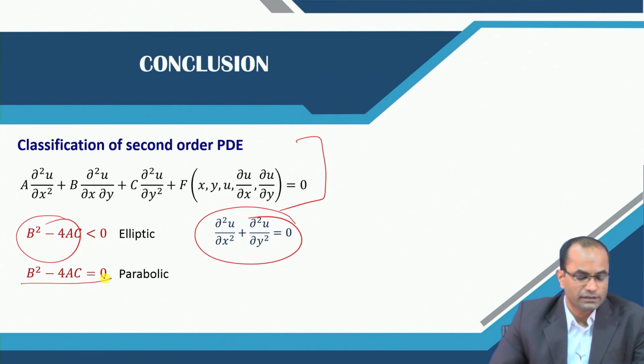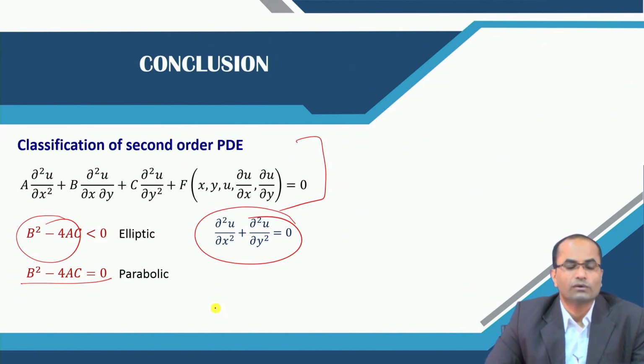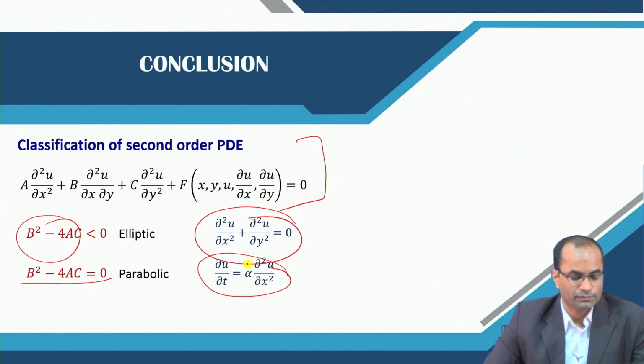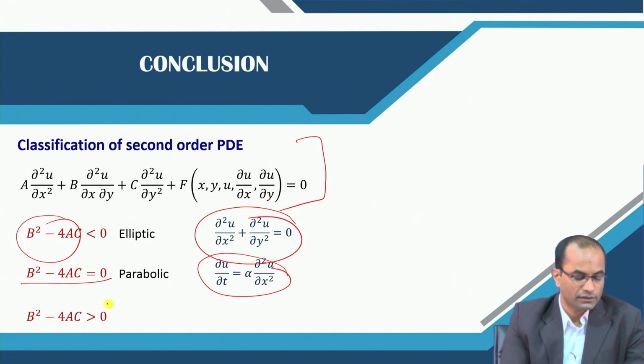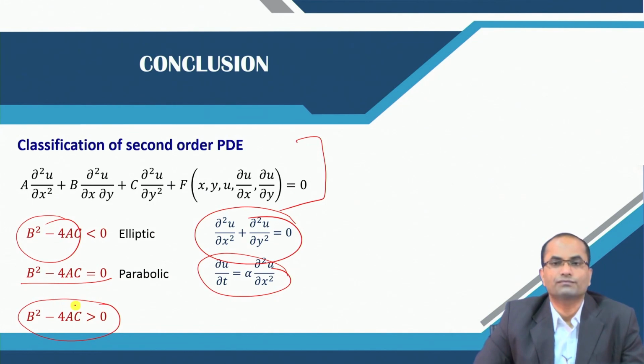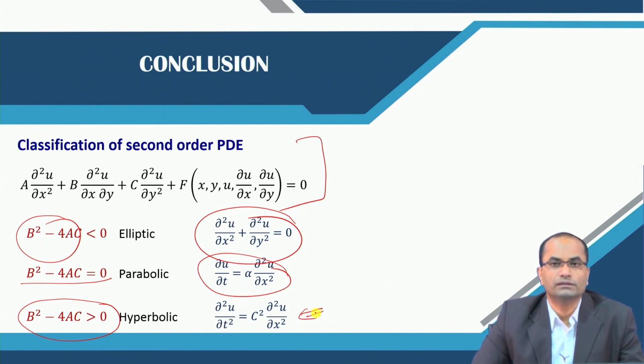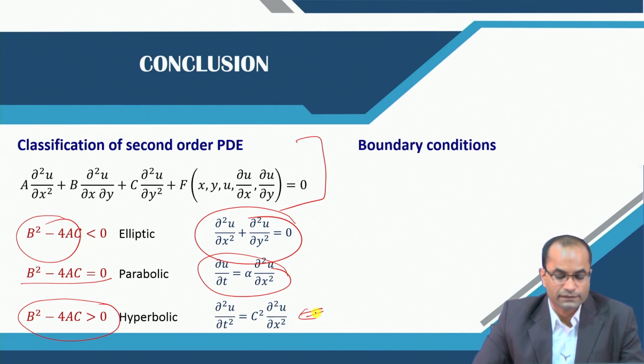If the discriminant is 0, the equation is called parabolic, and the example was the heat equation. If b square minus 4 ac is positive, then the equation is called hyperbolic, and the example was the so-called wave equation.